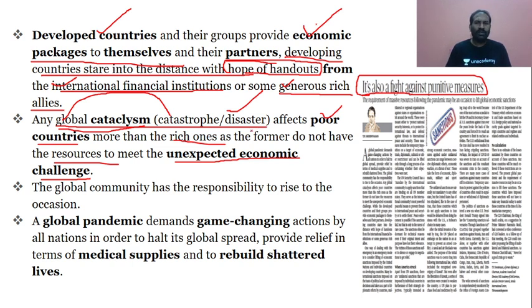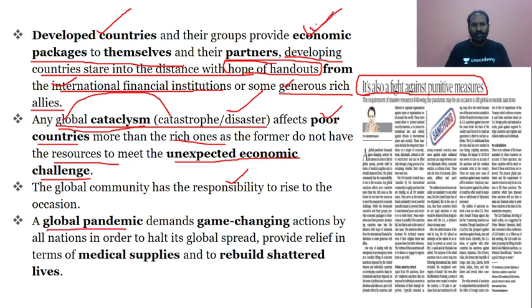It is the COVID-19 pandemic. The global community has a humanitarian responsibility to rise to the occasion and help the poor countries meet, at least to some extent, the unexpected economic challenge by providing an economic package.